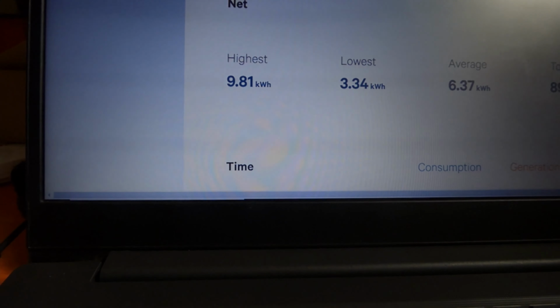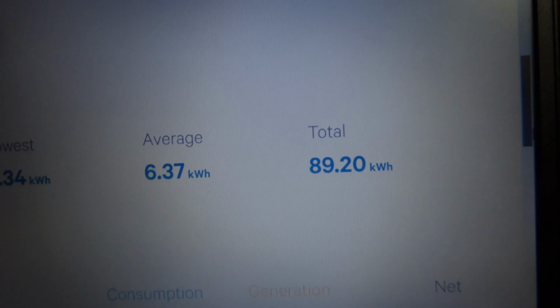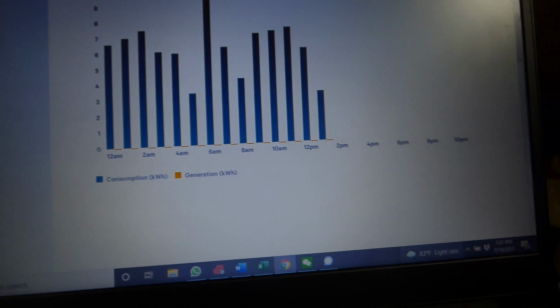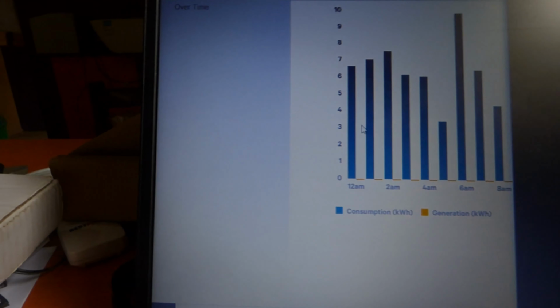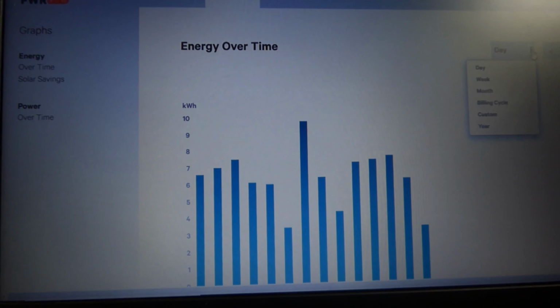If you look at the total so far, their highest was 9.81 kilowatt hours, and here is 89.2 just for the day, and I think it's just 1 o'clock now. Yes, 1:30. So I could look at it on a weekly basis.